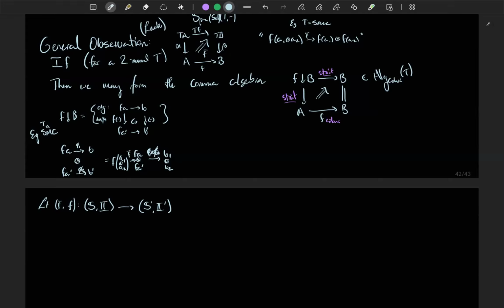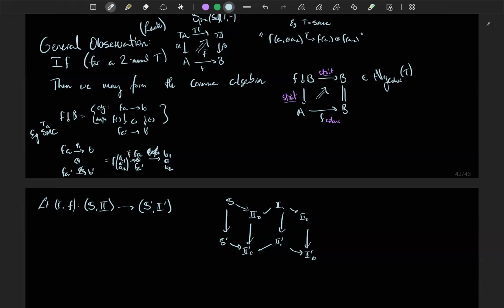Again, what this means is that we have some S, we have I naught, I1, and some algebra structure on these. Then we have S prime, I prime naught, I1 prime, and then we have f's going like this, and they preserve the structure colaxly via f bar.